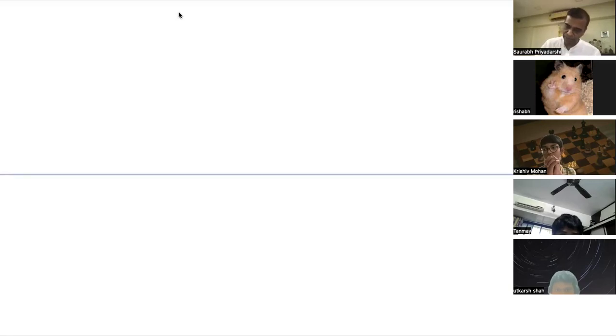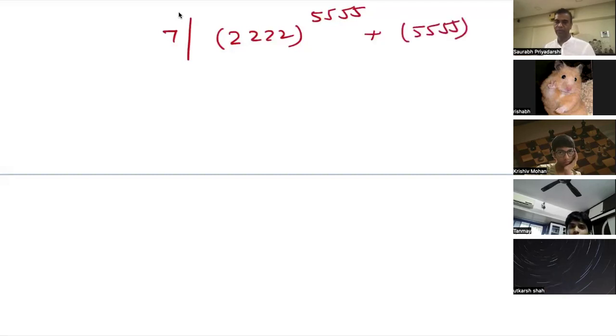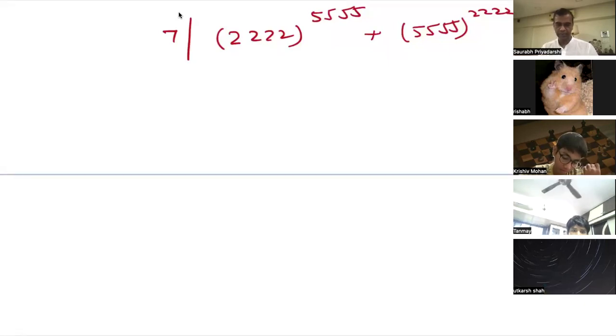The last question on this: 7 divides 2222 to the power 5555 plus 5555 to the power 2222. This is an SMO question, a question from the Singapore Mathematics Olympiad. Find the remainder when divided by 7.